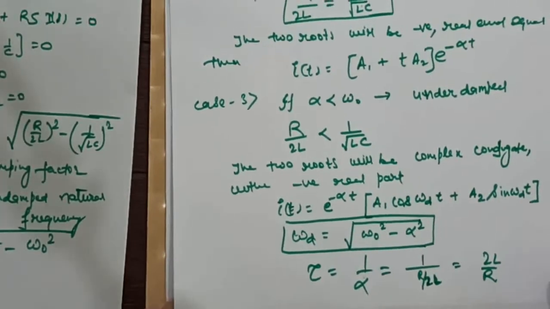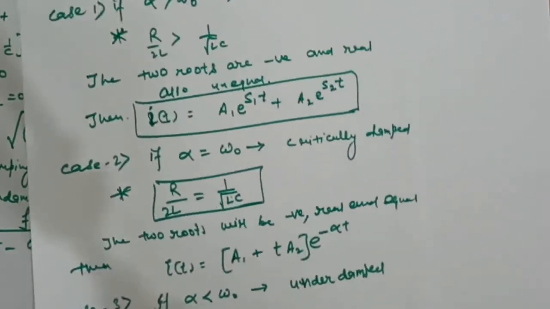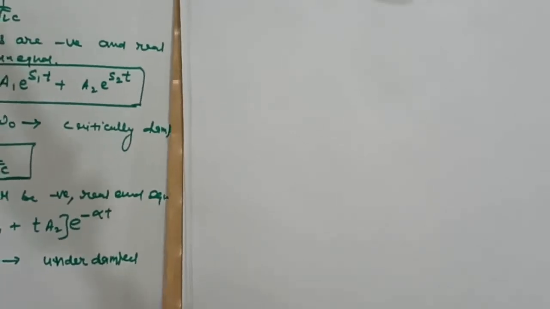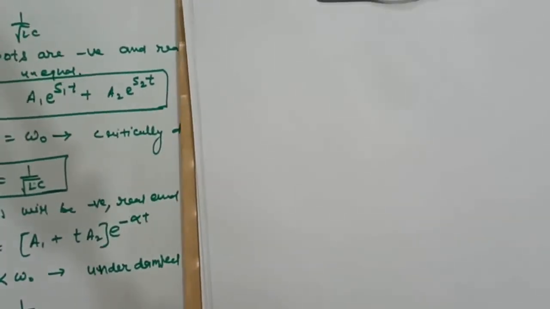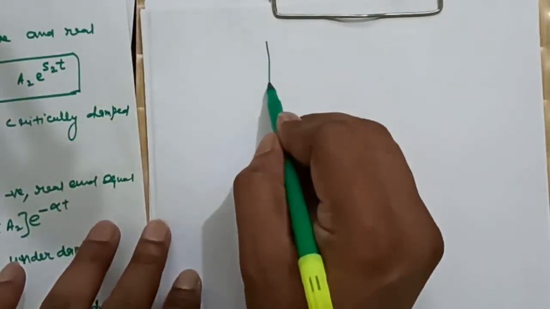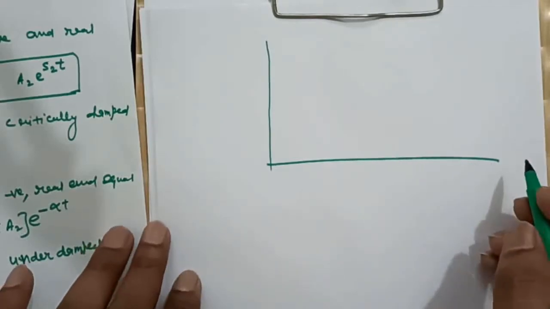Now if you try to plot the natural response, or the source free response, of the second order series RLC circuit for these three conditions, we will have a graph like this.